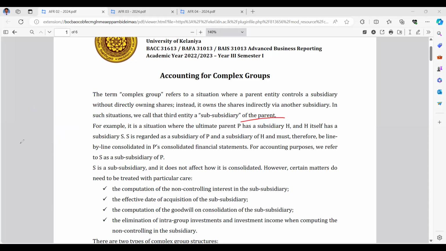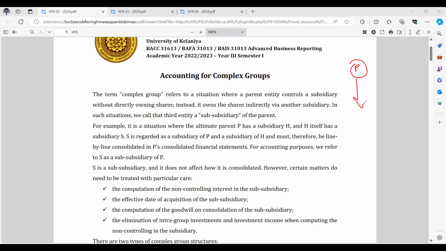For example, in a situation where the ultimate parent P has a subsidiary H, and H itself has a subsidiary S. S is regarded as a subsidiary of H, and a sub-subsidiary of P. Let's draw a sketch diagram.